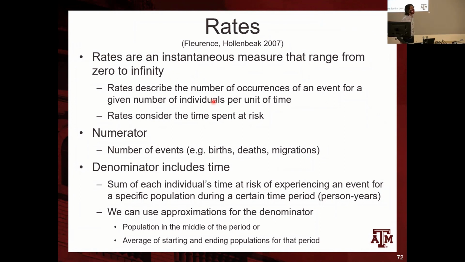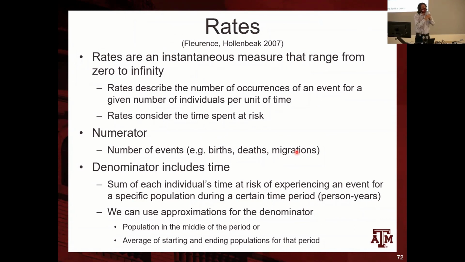So what is the numerator? In the numerator, we measure the number of events that were experienced by people in the denominator in a specific time. And rates can be about all different sorts of things. But in demography here, the major examples are birth rates, death rates, and migration rates, the three components.